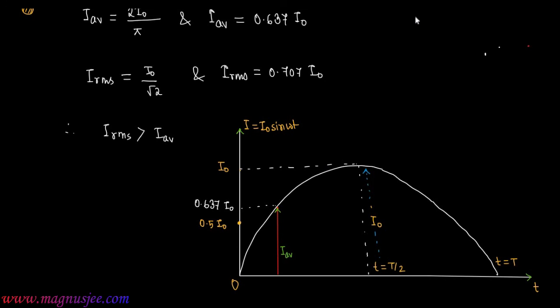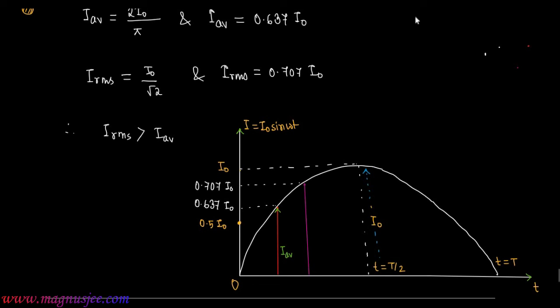Now we can denote the RMS value of current, which is greater than the average value of current. This current is 0.707 times I₀, and that is the RMS value of current, I_RMS, denoted in the positive half cycle.